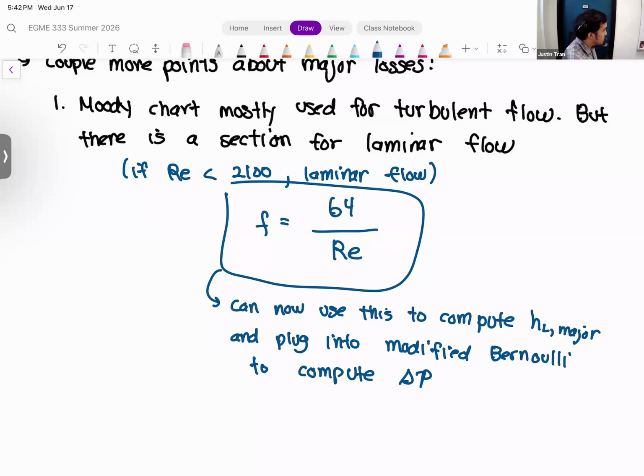Hagen-Poiseuille, like I mentioned before, was developed based on first principles, so conservation of mass, conservation of energy, conservation of momentum, whereas the Moody chart was done purely empirically. The Moody chart is just all experiments that people have done. Now, I won't give my opinion on which one is better, because some people think the analytical way is the truth, and some think the experimental way is better.